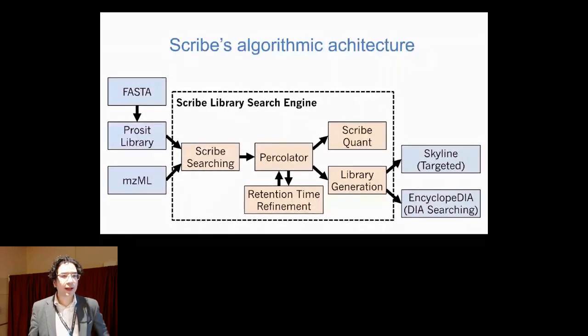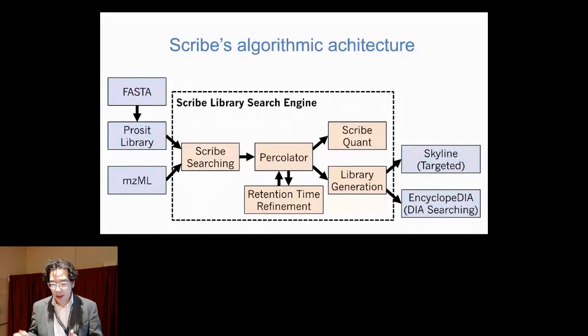And so we'll predict entire libraries of all possible peptides that FASTA could produce, +1 to +4s, or up to +5s, sometimes even PTMs in the cases where we have access to the PTMs.